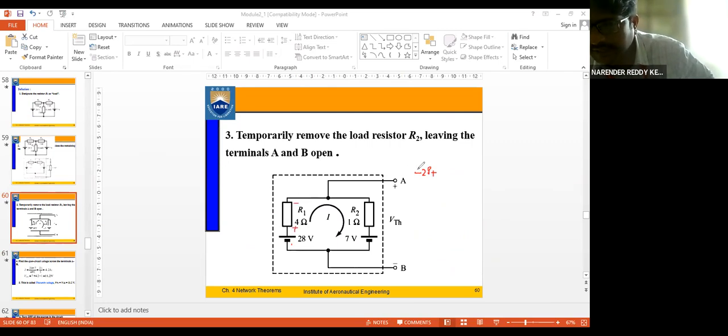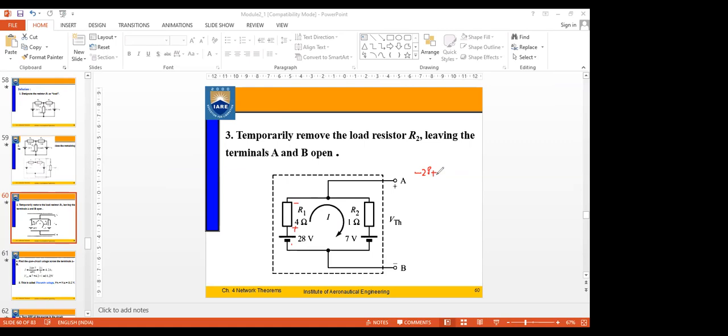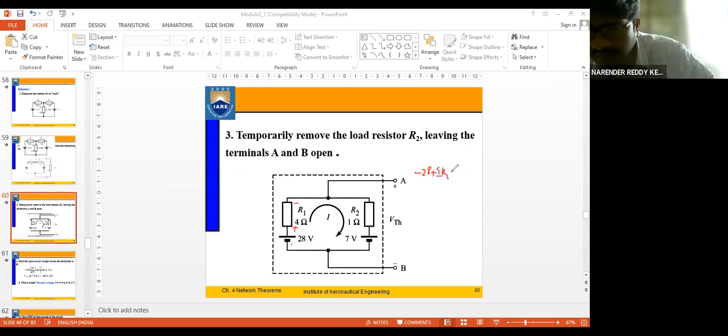So I into R1, right? Up to here, current is flowing in this direction, so plus minus. Then I into R2, plus the polarity I get here, plus and minus, 7 is equal to 0. Is that okay? KVL loop equation.